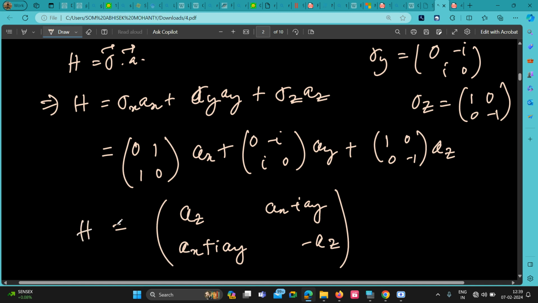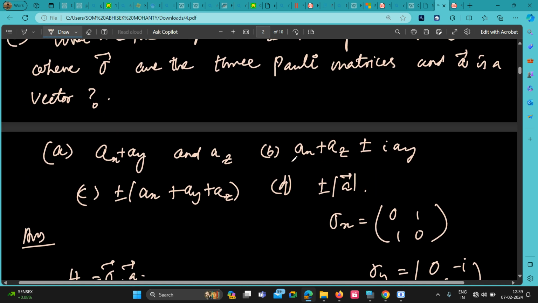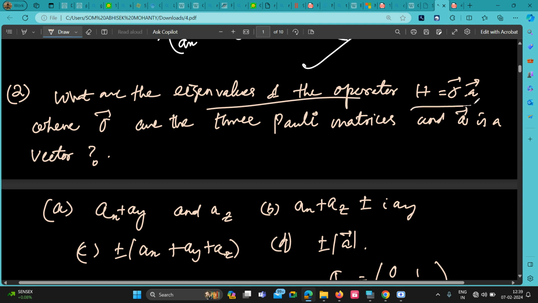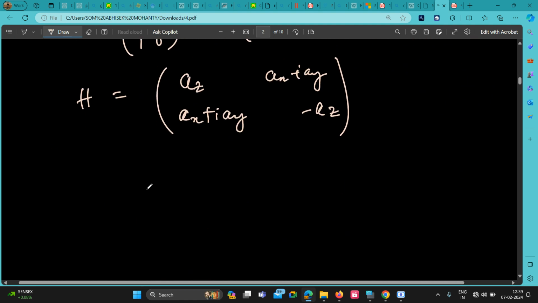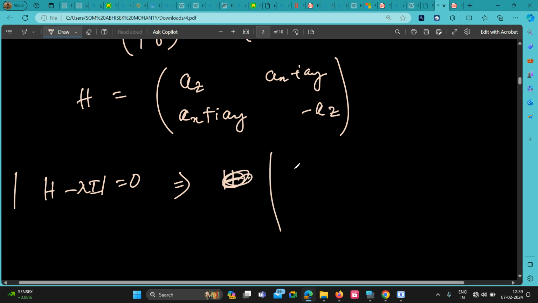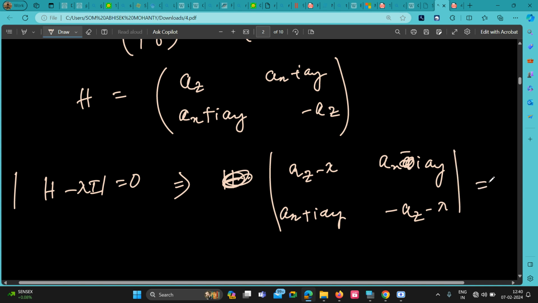This is your H. The question is: what are the eigenvalues of the operator H? For calculating eigenvalues, we take the determinant of H minus lambda I equal to 0, where I is the unit operator.